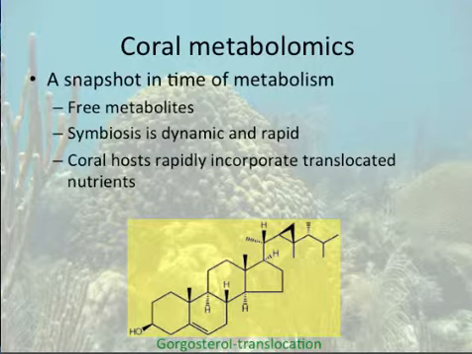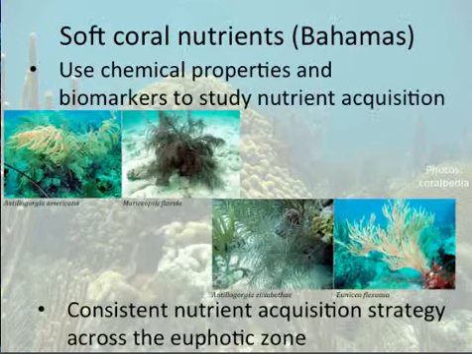From metabolomics of hard corals, I wanted to look at another species of coral that's abundant in tropical reefs, and I chose to look at soft corals. I chose to look at a variety of species of soft corals.